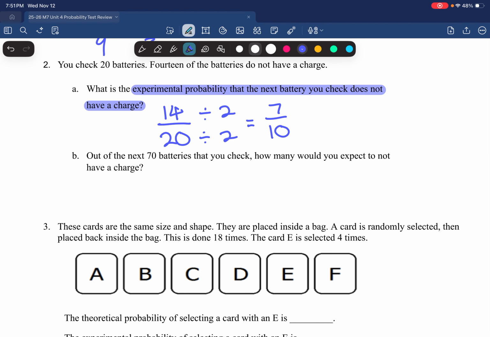For a question like this, I need to take my experimental probability, which is 7/10, and multiply that by the number it gave me here, 70. 7/10 times 70 is going to be 49.